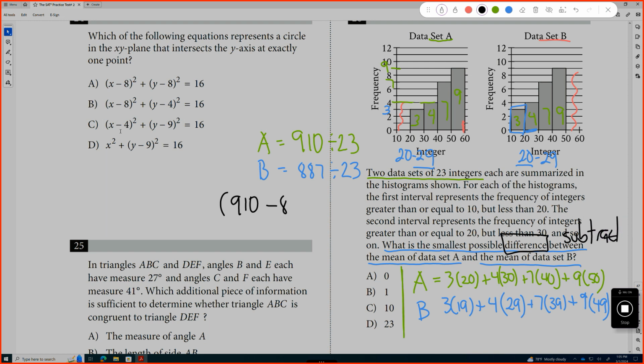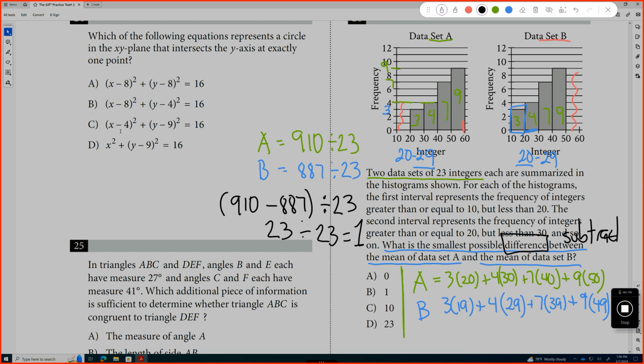Minus 887, and the distributive property of division says it's going to be the same thing as doing it individually, divided by 23. Now here's what's neat. 910 minus 887 is 23. And we know that 23 divided by 23 is 1.